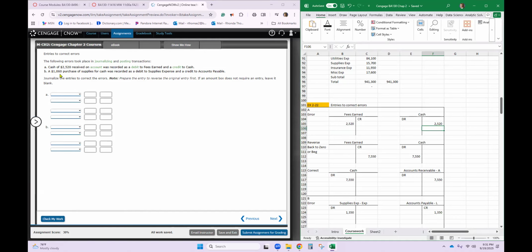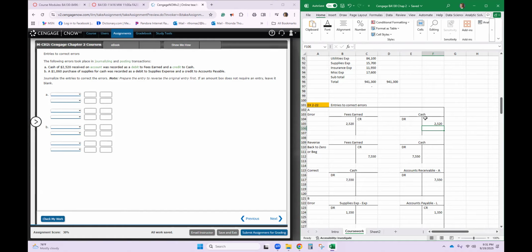So what happened? Cash supposedly went up from customers that were paying down their accounts. So it should be cash going up, accounts receivable going down. So this is completely wrong. It was using the cash account, but it went the wrong direction.